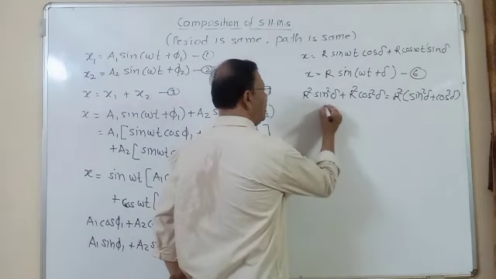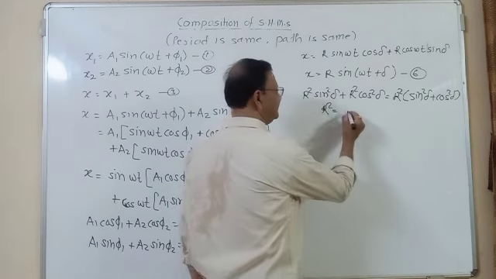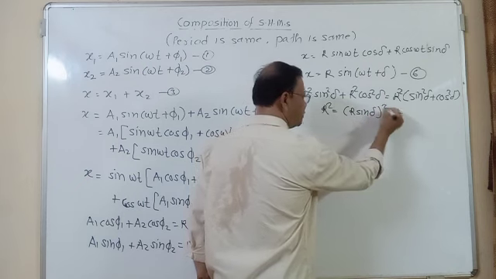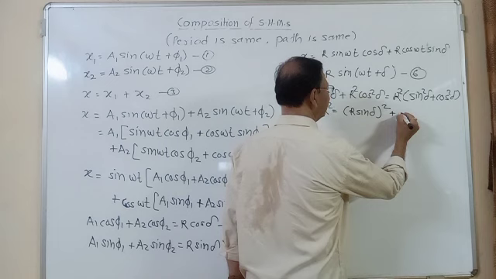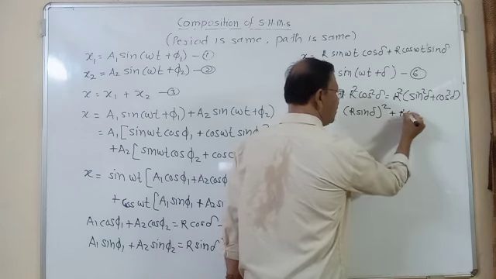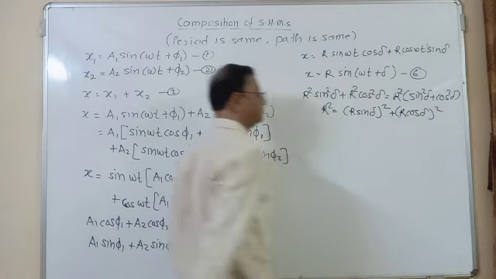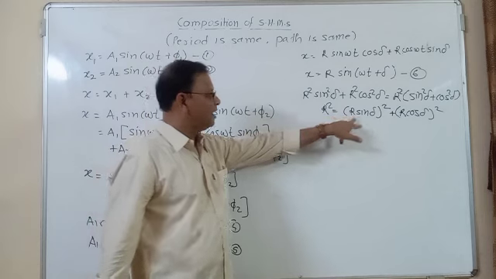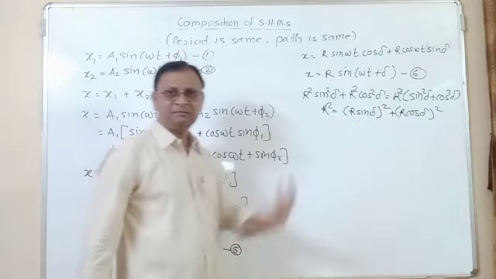So we can write R square is equal to R sin delta whole square plus R cos delta whole square.